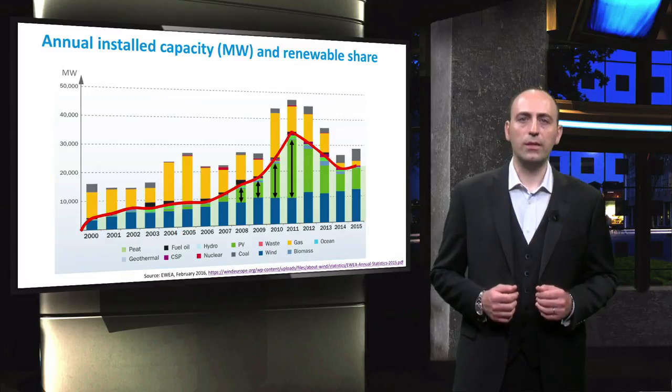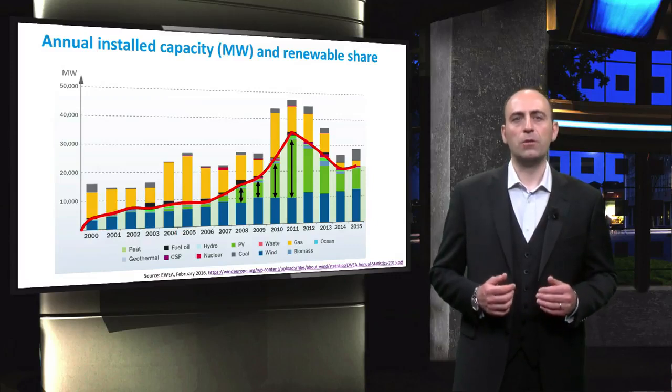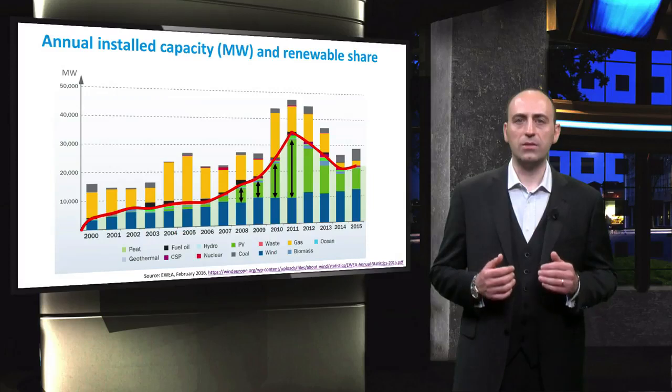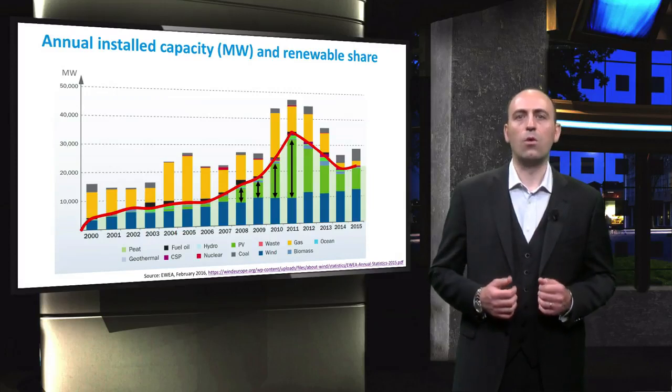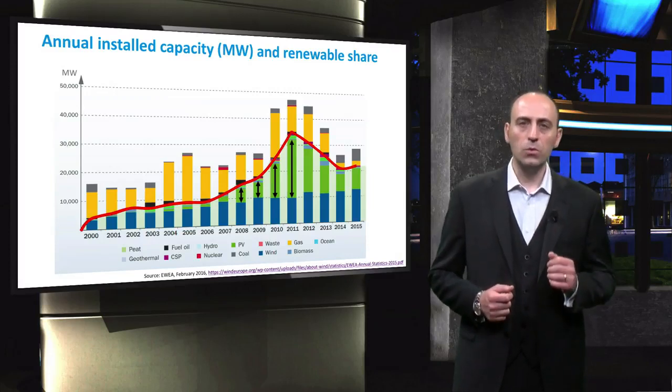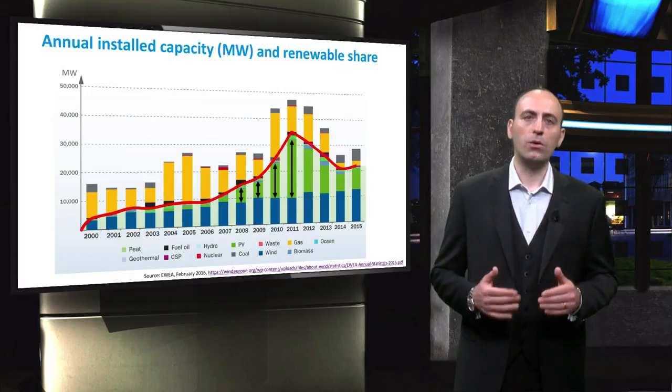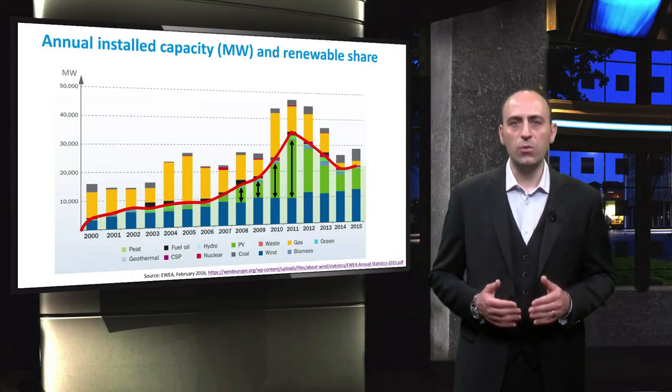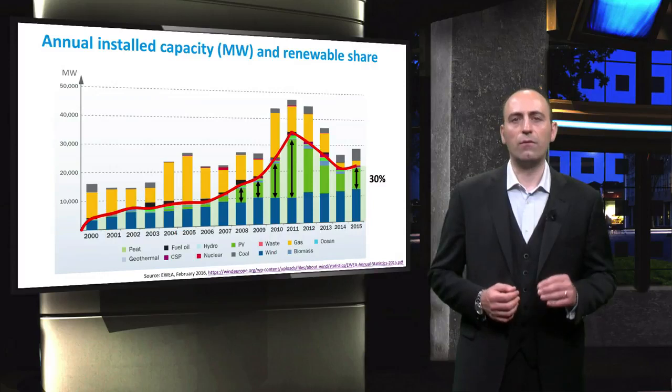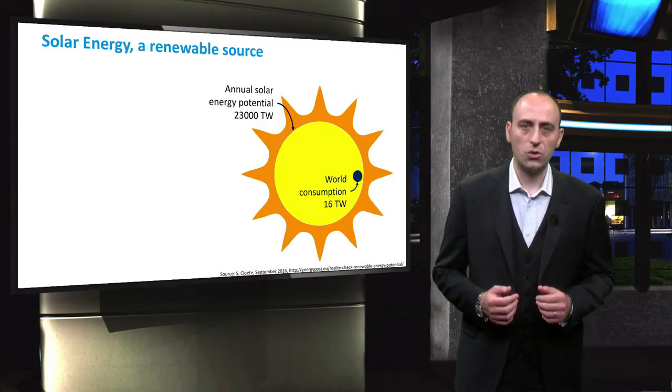Since 2013, gas decommissioned more megawatt than what it installed, but still has the most overall installed capacity. From 2011 onwards, the growth of yearly installed PV capacity decreased and reached a constant share of 30% of the total. So let's look at solar energy.